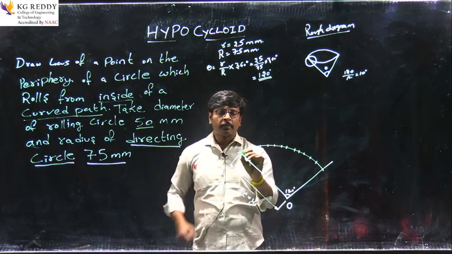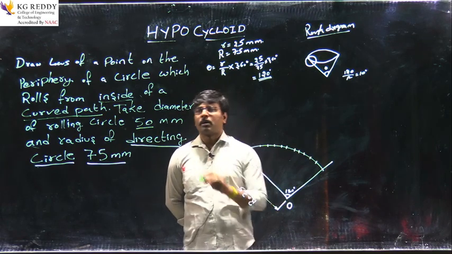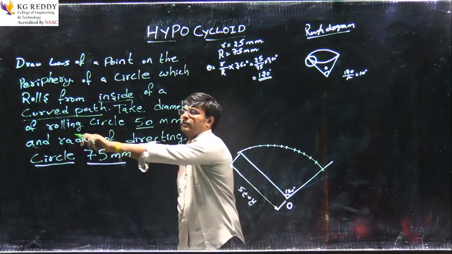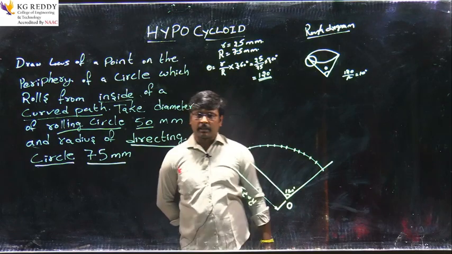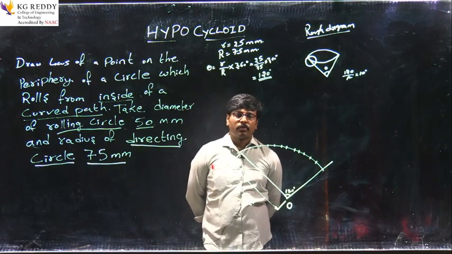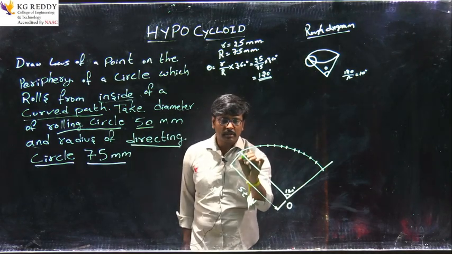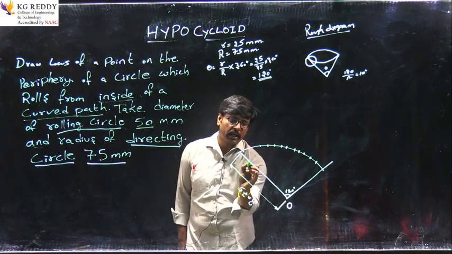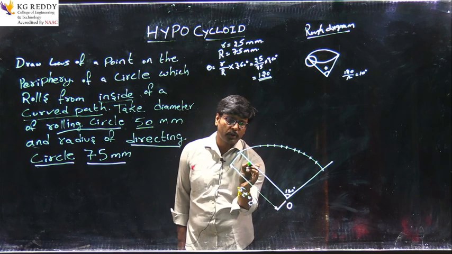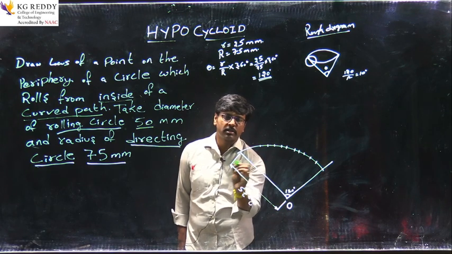And after that I am trying to draw this roller circle. In the previous video we did it outside. Here, inside means from here to here I am taking a 2.5 centimeter radius, and this is the center.